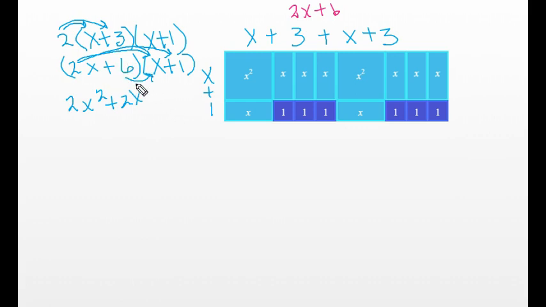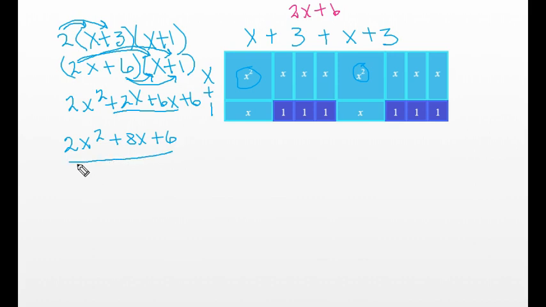And then distribute my 6 to each of the terms. 6 times x is 6x, and 6 times 1 is 6. I'm going to simplify by combining like terms, and I get 2x squared plus 8x plus 6. So I have 2 x squares plus 1, 2, 3, 4, 5, 6, 7, 8 x's plus 6 1's. And so you can see in standard form what this model looks like, and in factored form what it looks like.